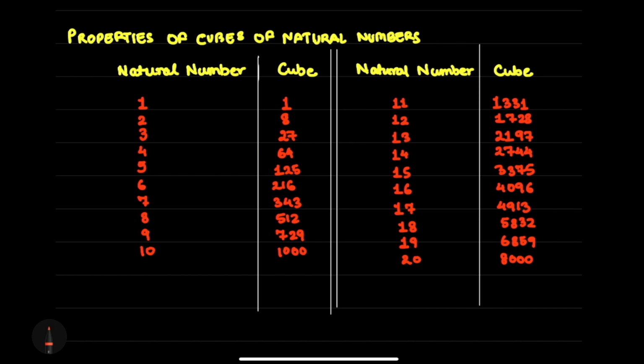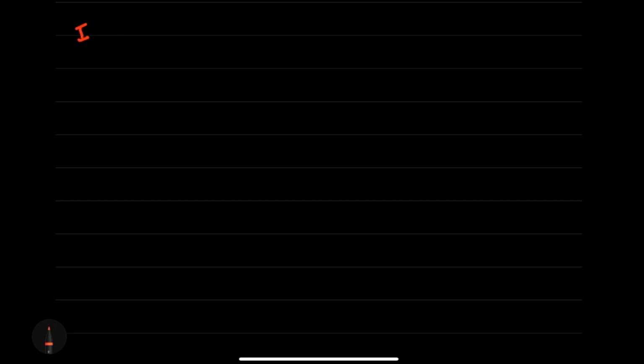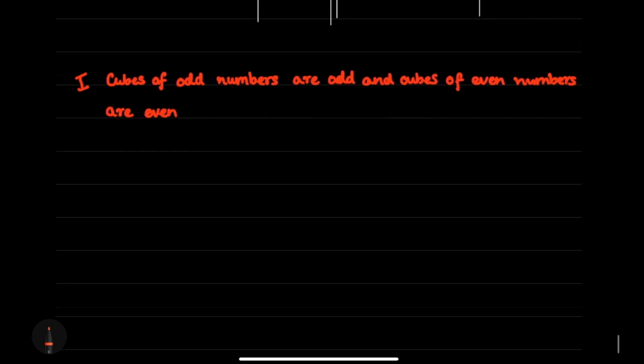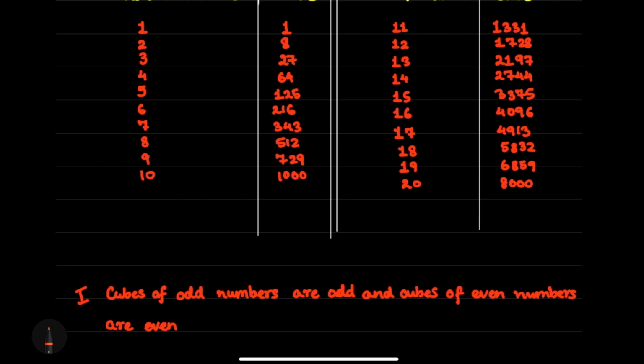So let's move on to property number 1. The first property is that the cubes of odd numbers are odd and cubes of even numbers are even. Let's observe the table above. We can see that for 1 it is 1, for 15 it is 3375, for 7 it is 343.